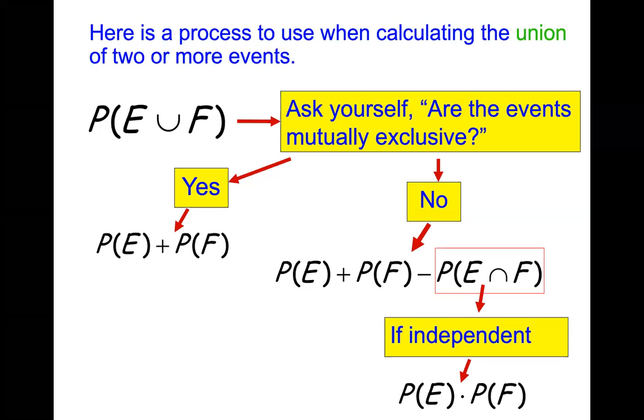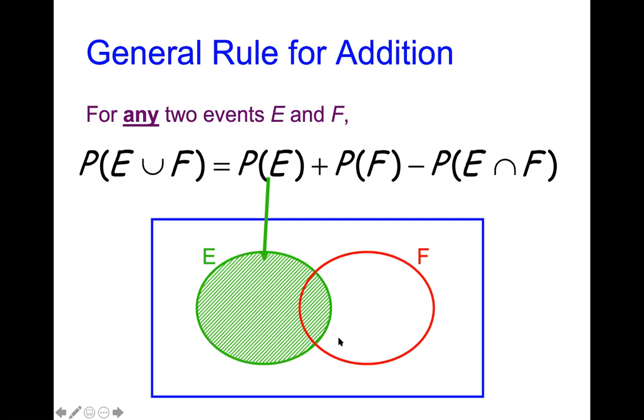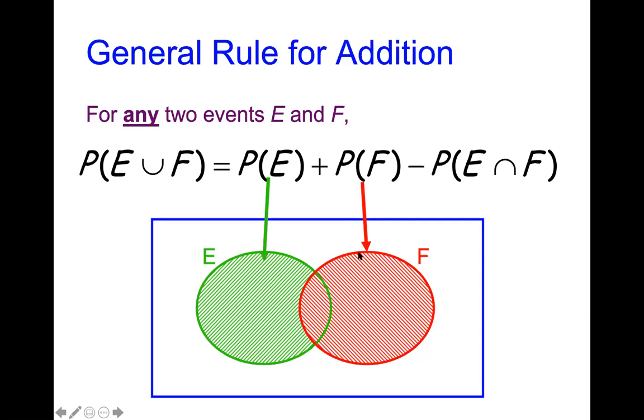Do you need me to explain again why you have to subtract the intersection? I think it makes the most sense with the Venn diagram. If I want to find the probability of E or F, it's this whole region inside either E or F. I can take the probability of E, this shaded region, plus the probability of F, this shaded region.